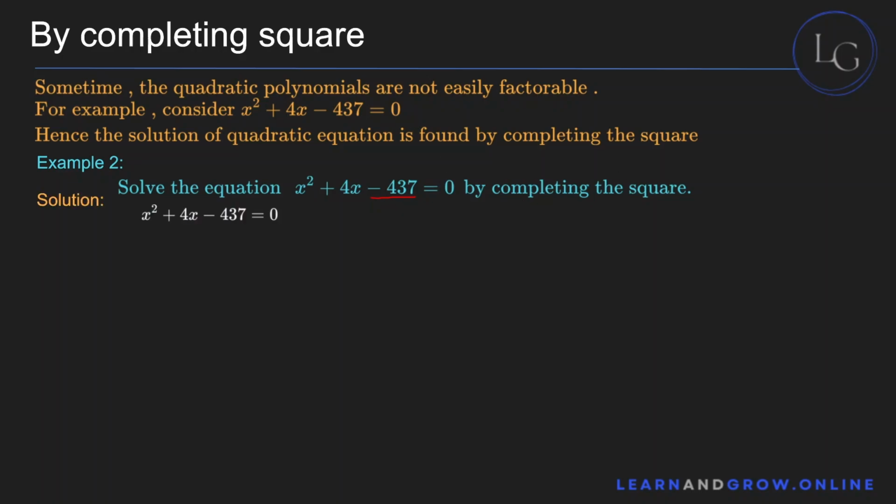Now there are certain steps we must follow for the completing square method. First, you must remember that the coefficient of x square must be 1.